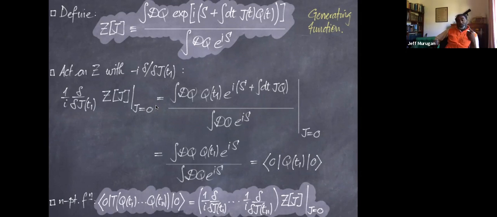If you know what this generating function is, just by differentiating the generating function repeatedly, you're computing the correlation functions. And you can calculate the correlation functions for any old operators in the theory that you want, just by inserting the appropriate insertions in the path integral. So it's a hell of a powerful thing, because once you know the generating function, you know everything that you need to know about the theory. Is that clear?